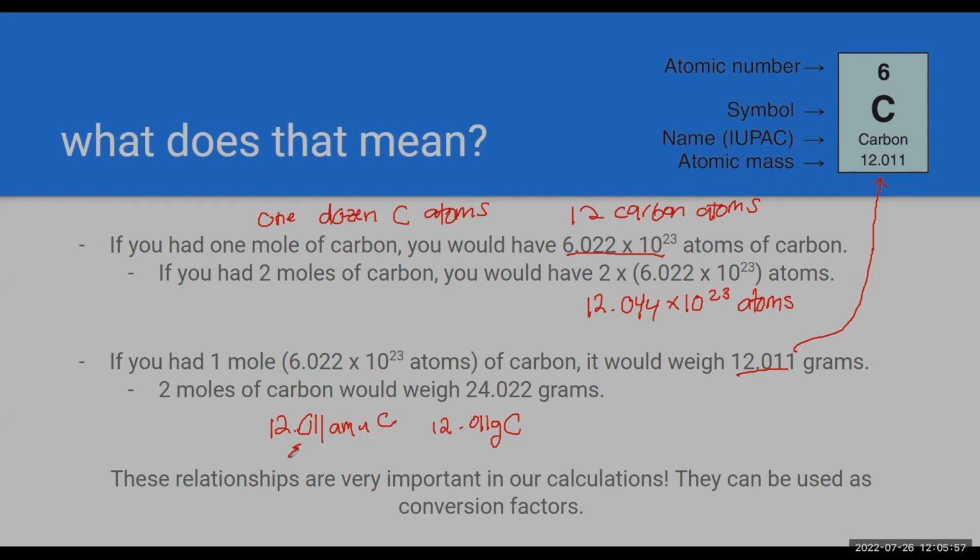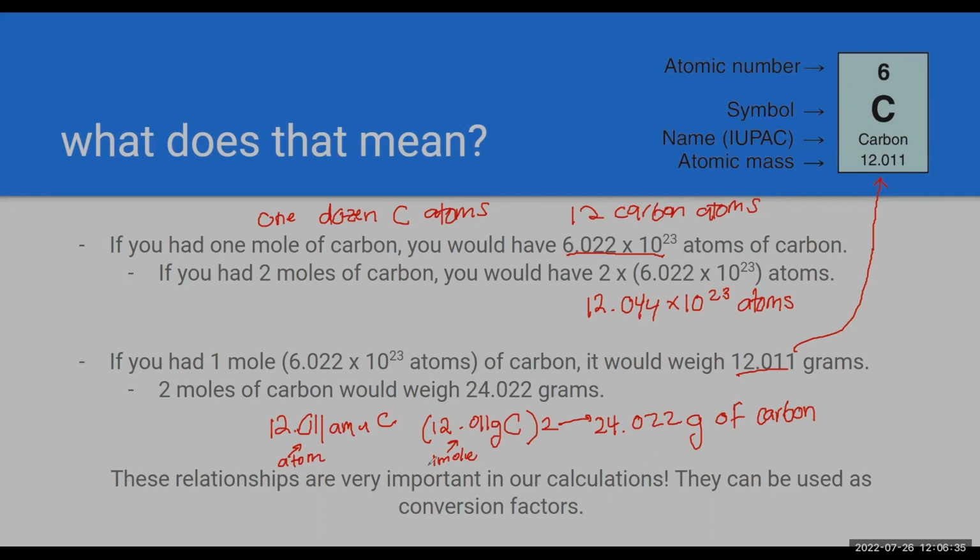So this one is going to be for 1 atom. This one's going to be for 1 mole. And so if I had 2 moles of carbon, it would essentially just be double this weight. So I would just multiply all of this by 2. And that would get us basically double every digit. So that would be 24.022 grams of carbon.